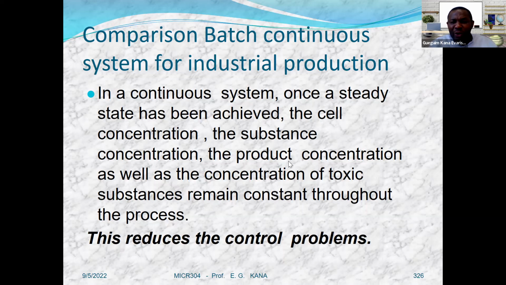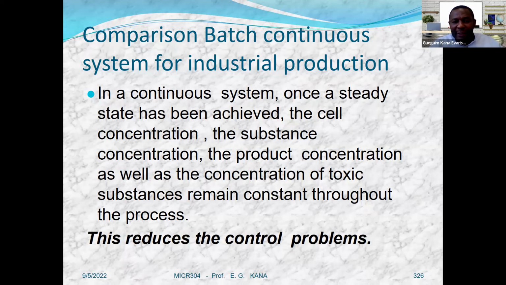Product concentration in such systems is also constant, right? And even the concentration of the waste material is also constant. And we said that that will help to reduce the control problems in such reactors, because most parameters become constant once the steady state is achieved.